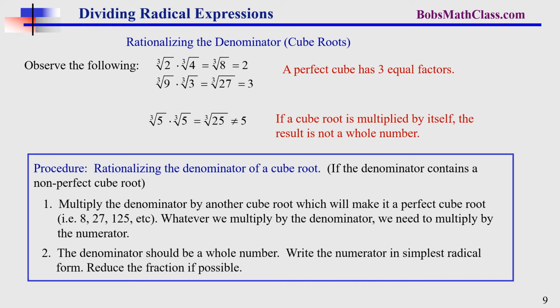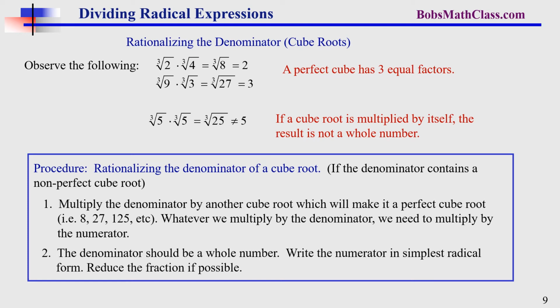When rationalizing the denominator of a cube root, multiply the denominator by another cube root, which will make it a perfect cube root. A number like 8, 27, 125. And whatever you multiply in the denominator, you have to multiply that in the numerator. The denominator should be a whole number.